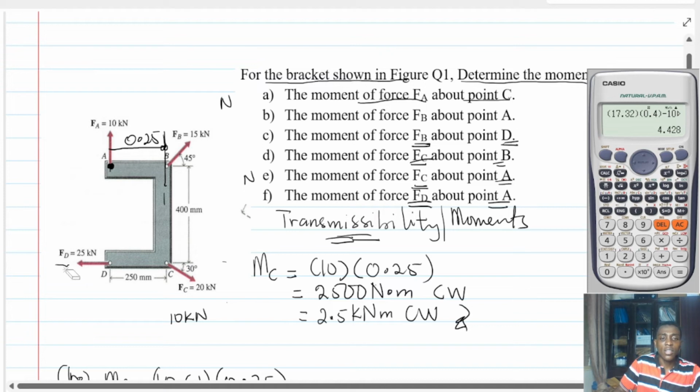And FD is having a horizontal component of 25 kilonewtons about A. So this one is straightforward. We just need a perpendicular distance from here to meet the force. Is that right? And that distance is 0.4 meters or 400 mm.